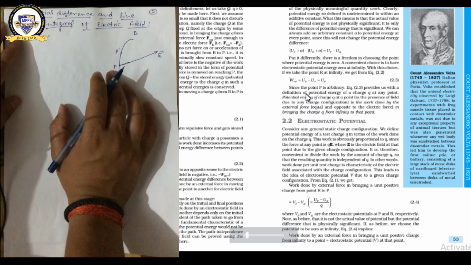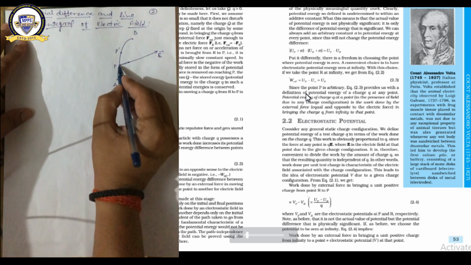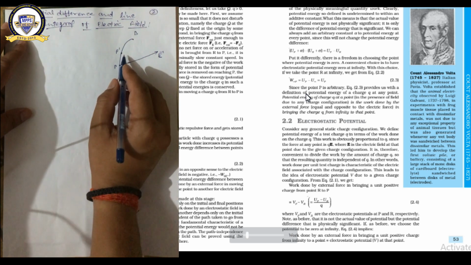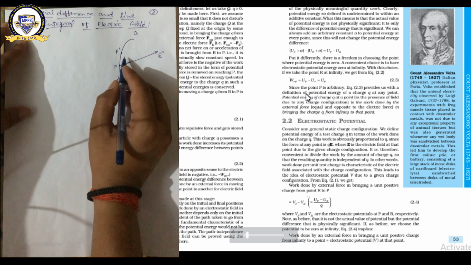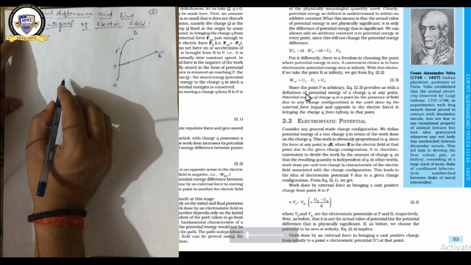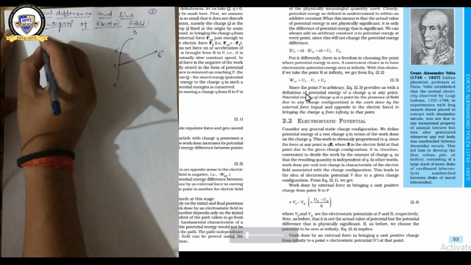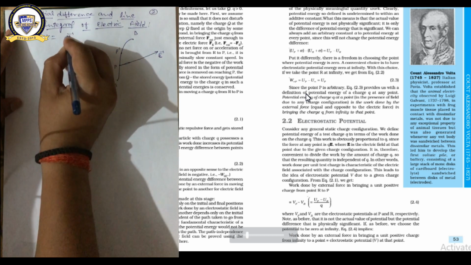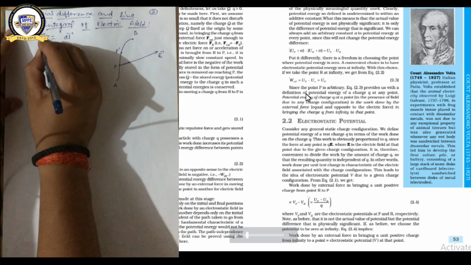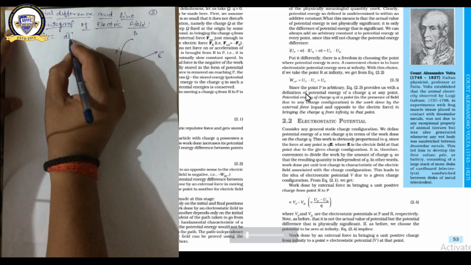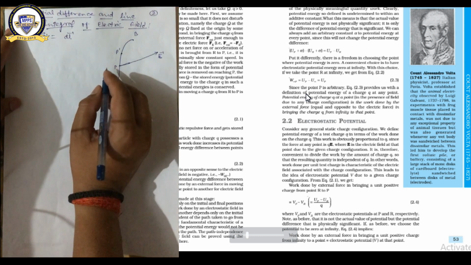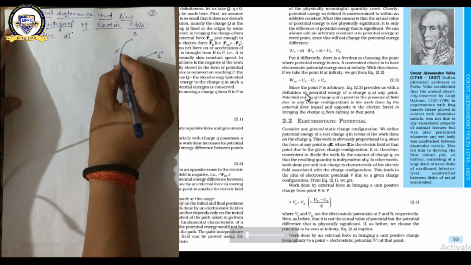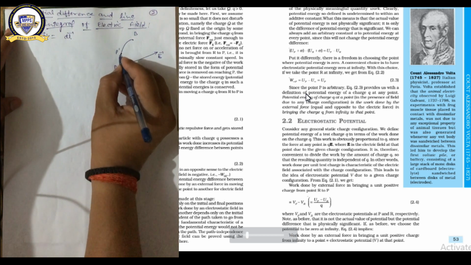Suppose that the potential difference between these 2 points P and P dash is dV, and suppose PP dash is equal to dl. In case suppose that it is the vector quantity, so PP dash is equal to dl. Here it is the displacement dl.